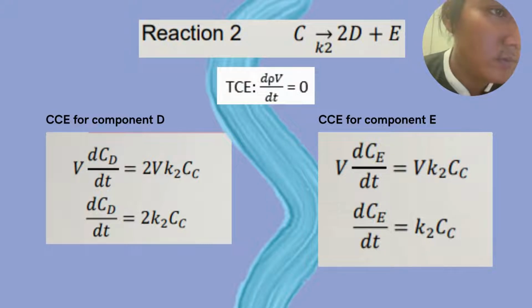Now we need to find the CCE for component D. For component D, we'll get 2V K2 CC, and the final answer will cancel the V, so we will get 2 K2 CC. Same goes for component E. The CCE for component E is V K2 CC, and we cancel out the V, so we get K2 CC. Okay, that's all from me.